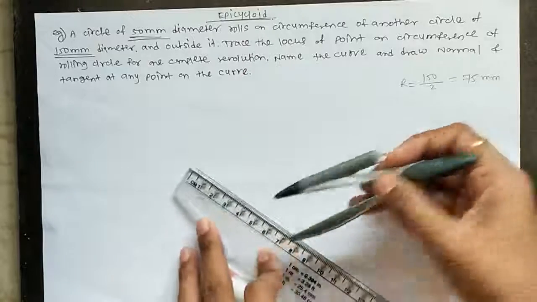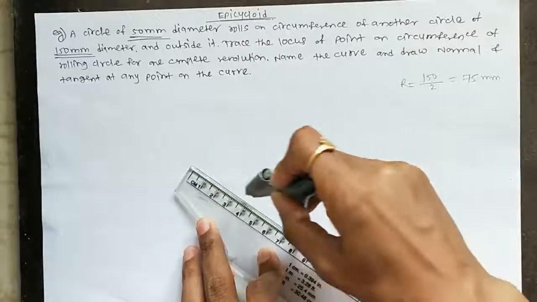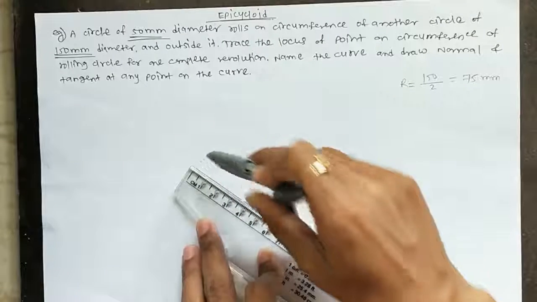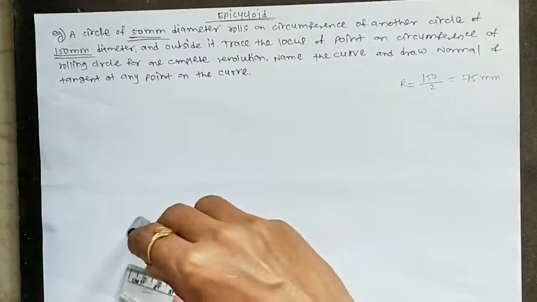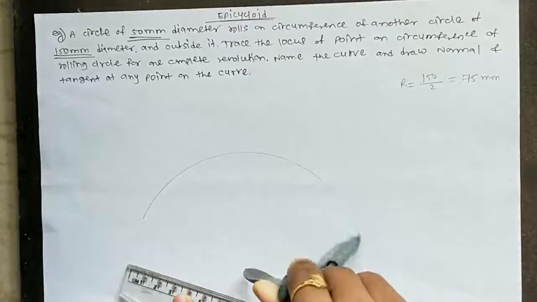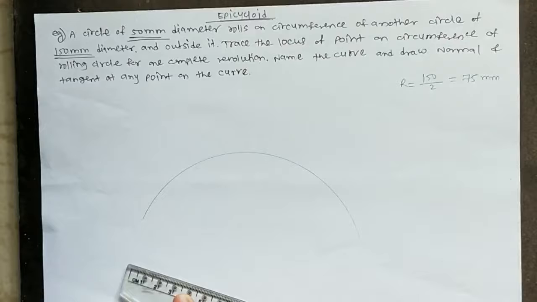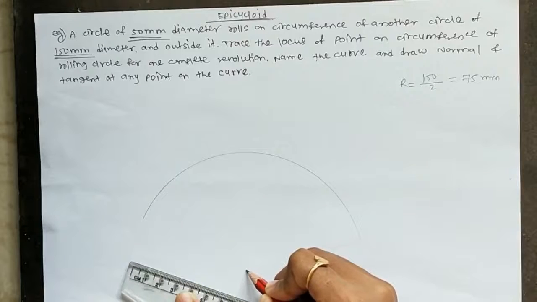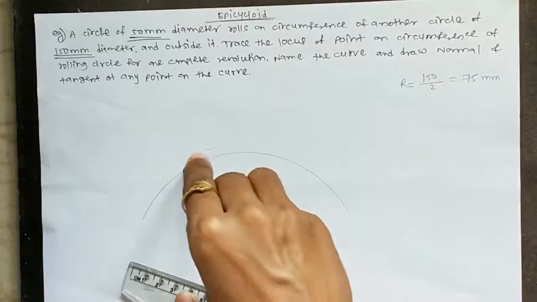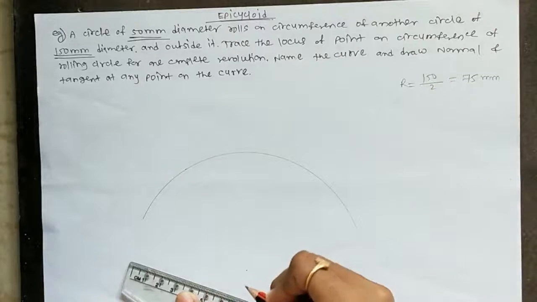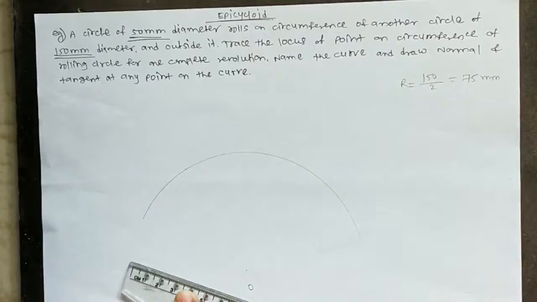Take 75 mm distance in your rounder and draw an arc. So this is the center point we have taken. Give its name as point O because it is a center point.